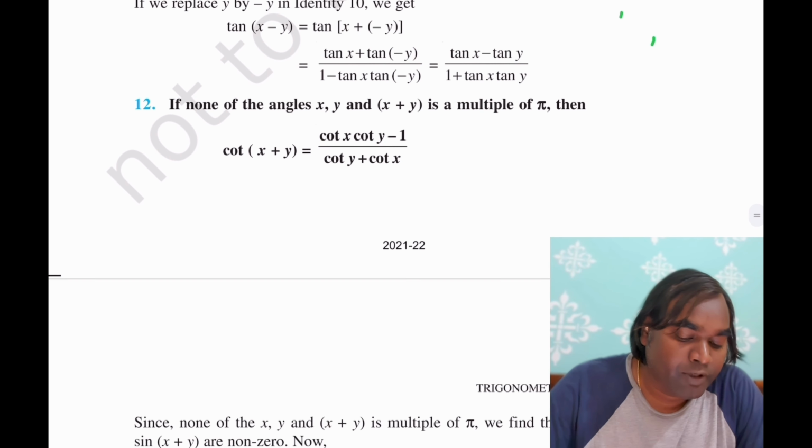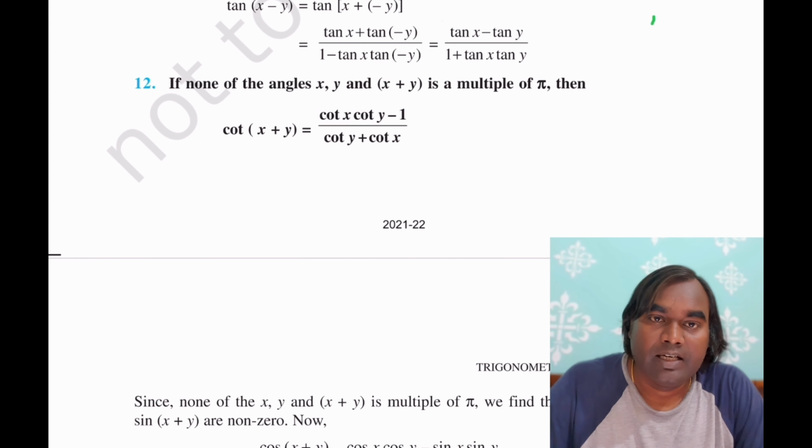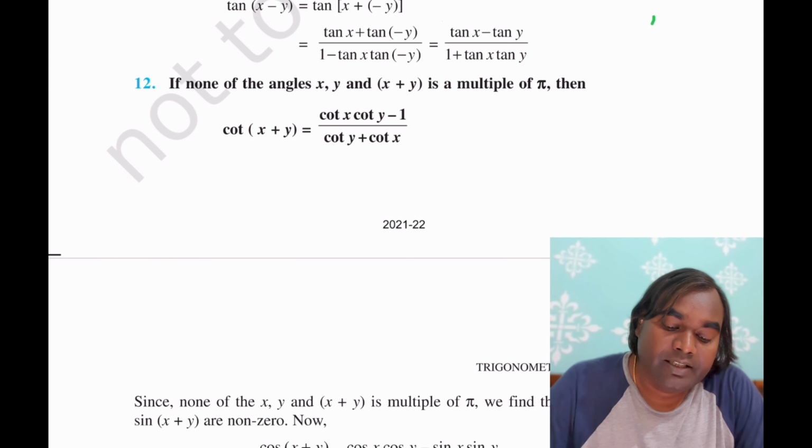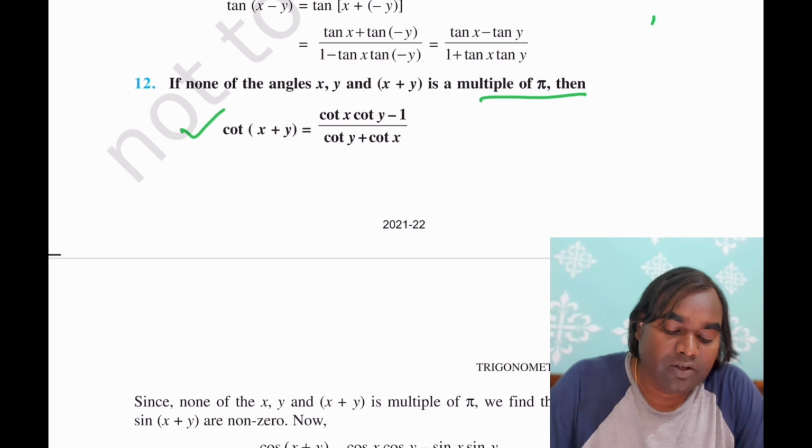Now point number 12: if none of the angles x, y and x + y is a multiple of π, then we can write cot(x + y) = (cot x cot y − 1) divided by (cot y + cot x).